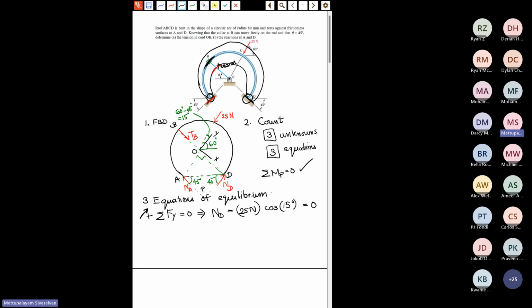What I'm going to do is the sum of the moments about D here, okay? I'm going to do the sum of the moments about D equals 0. Like that, okay? Why is that good? Because that gets rid of TB and ND, and I can get NA directly, okay? So what is the moment of NA about that point?